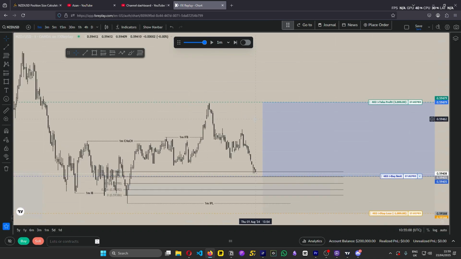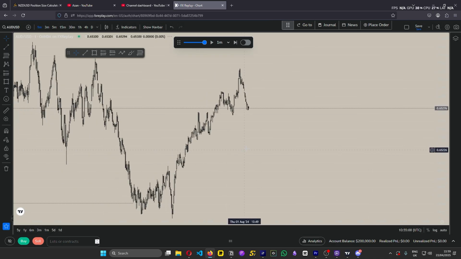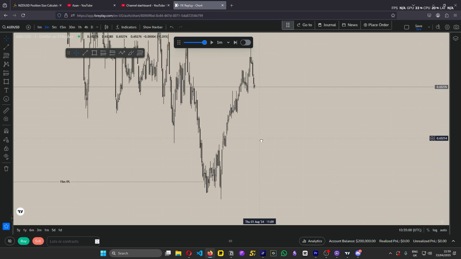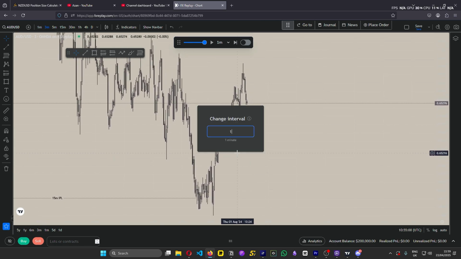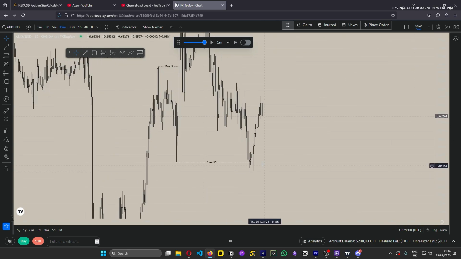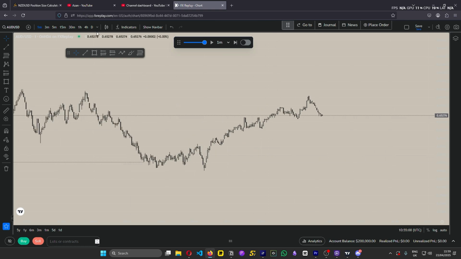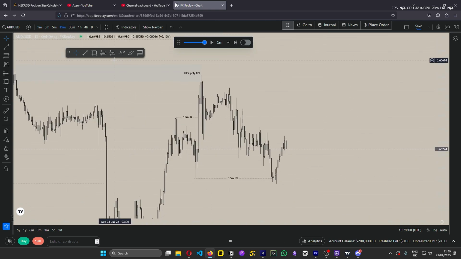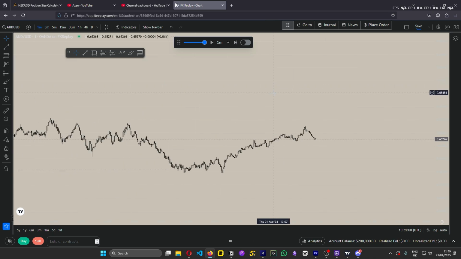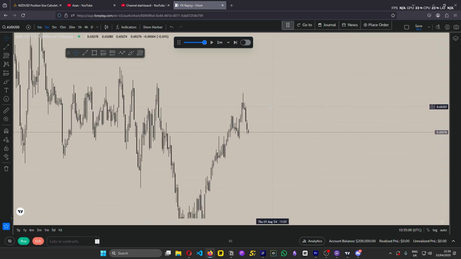Then if we go to AU, we have, oh my god, wait. So we got a 50-minute low being respected, so we're clearly targeting all the way up there, even though they were bearish on the higher time frame. So what I'm gonna do is I'm gonna take this continuation.